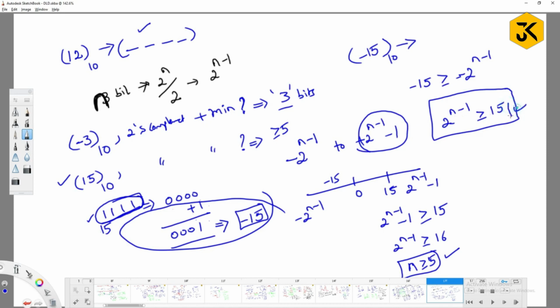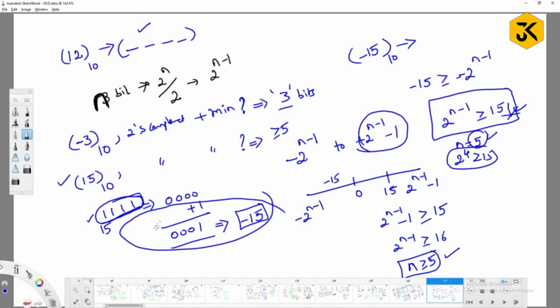No. Take the n value 5. If you take n value 5, that means 2 power 5 minus 1, that is 2 power 4, which is greater than or equal to 15. So in order to represent minus 15 in the 2's complement system, I compulsorily require 5 bits.